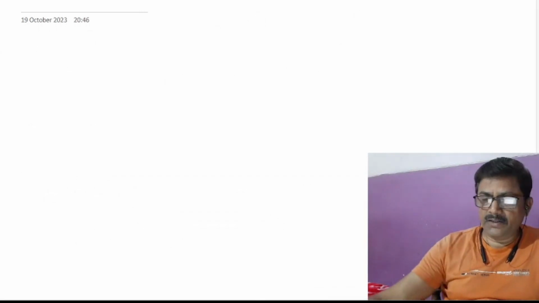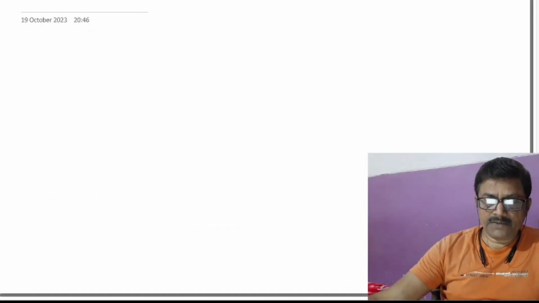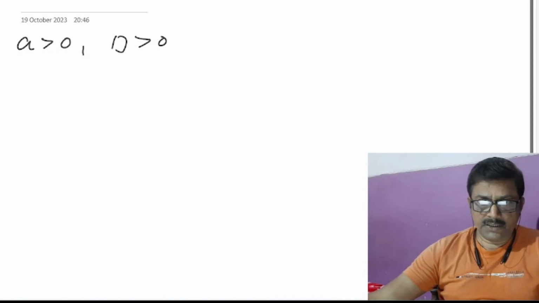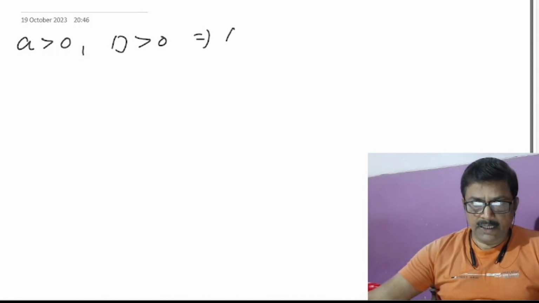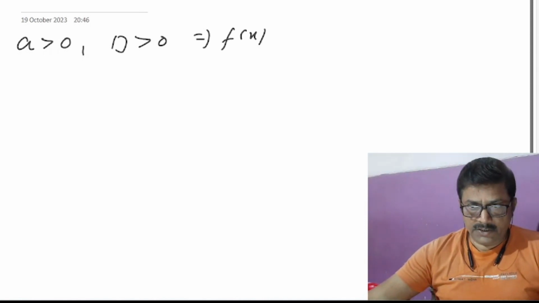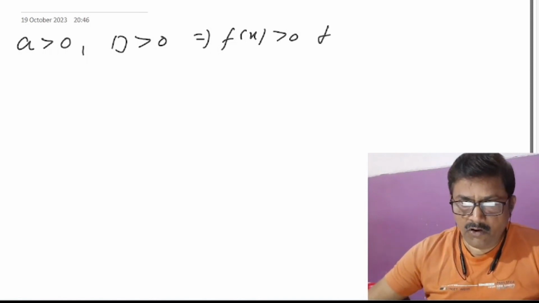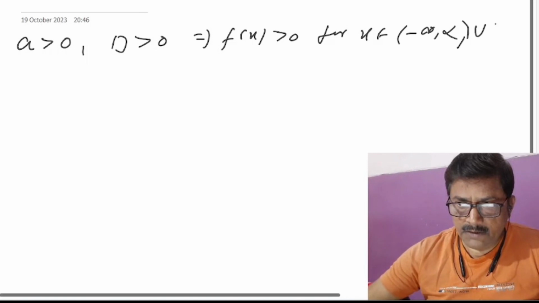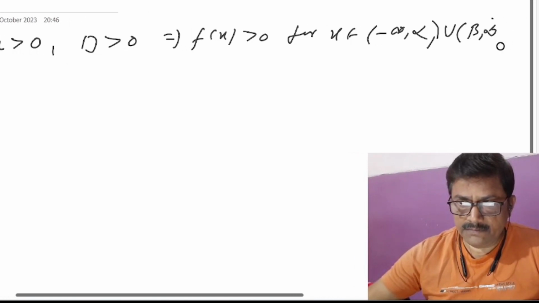What you learned up to this point: if a is positive and the discriminant is positive, then f(x) is positive for x belongs to minus infinity to alpha union beta to infinity. Correct?